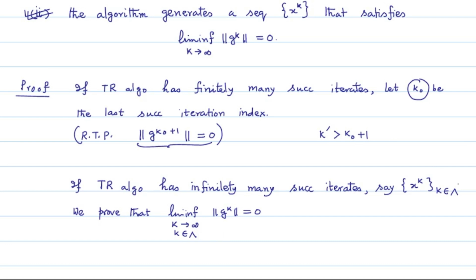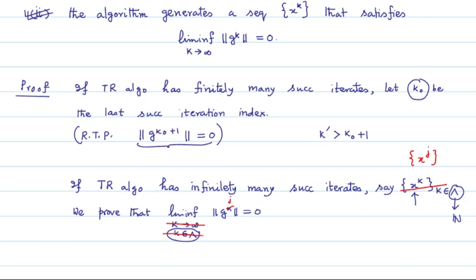Here we notice that without loss of generality we can simply take this lambda to be the set of all natural numbers, and accordingly we will not have to write every time this k belonging to lambda. Or instead let us consider writing this sequence by some other index j.